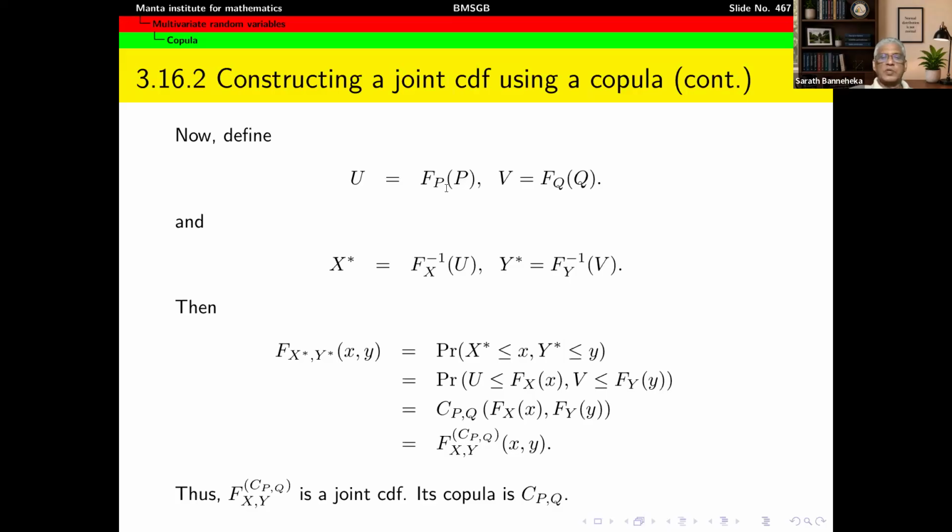So let's take U to be F_P(P) and V to be F_Q(Q), where P and Q are generally related.